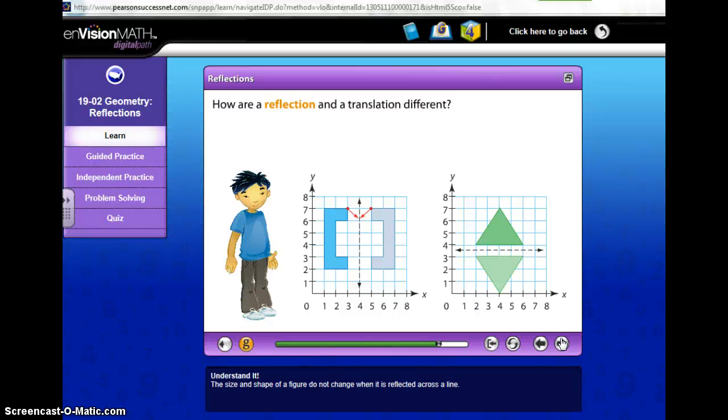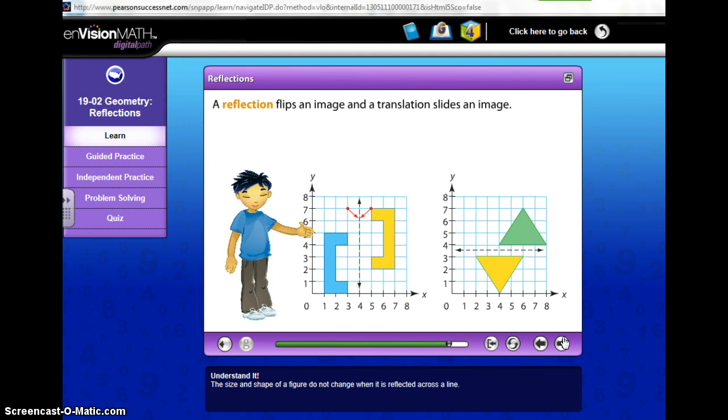But in a translation like yesterday, you can do both. So you can move diagonally. A reflection flips an image. Another name for a reflection is a flip. A translation actually slides the image. Are either of these considered a reflection? No. If they were moved a little bit, they would be.